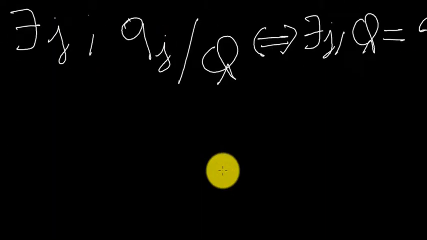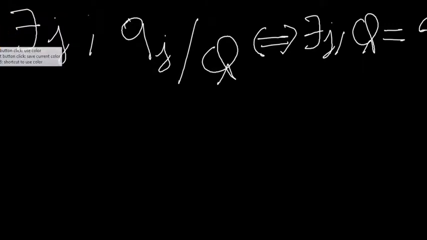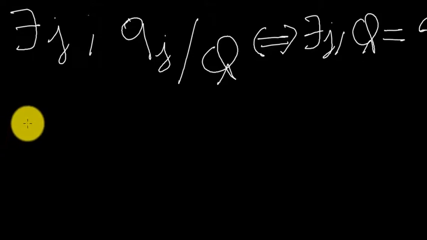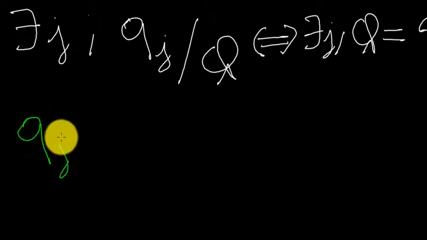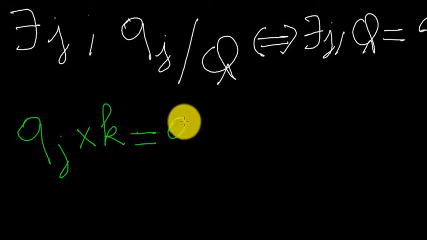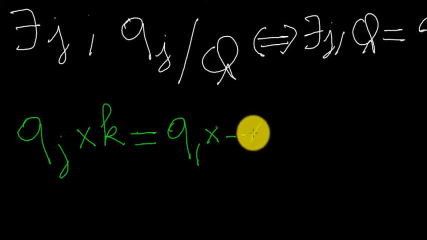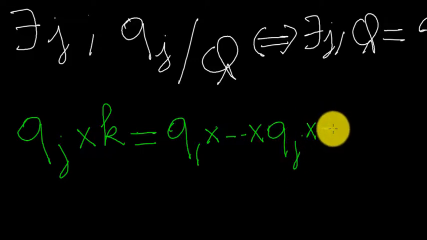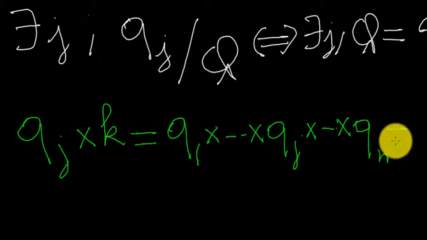Now, by making the equality between the two forms, let's write it in green maybe: Qj times k is equal to Q1 times Q2 times, including Qj, times all Q's until Qn plus 1.